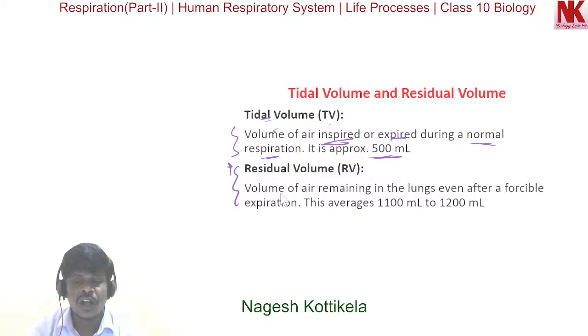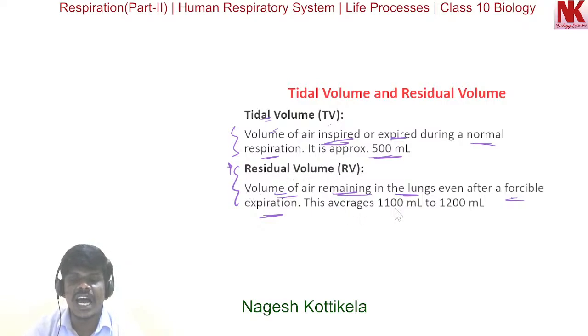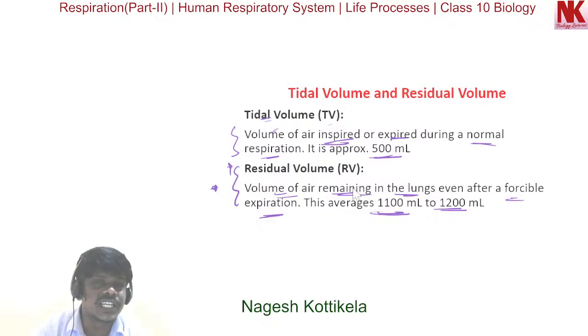The volume of air remaining in the lungs even after a forcible expiration is called residual volume, in short RV, and this averages 1100 ml to 1200 ml. Again, this is very important. So what is residual volume?